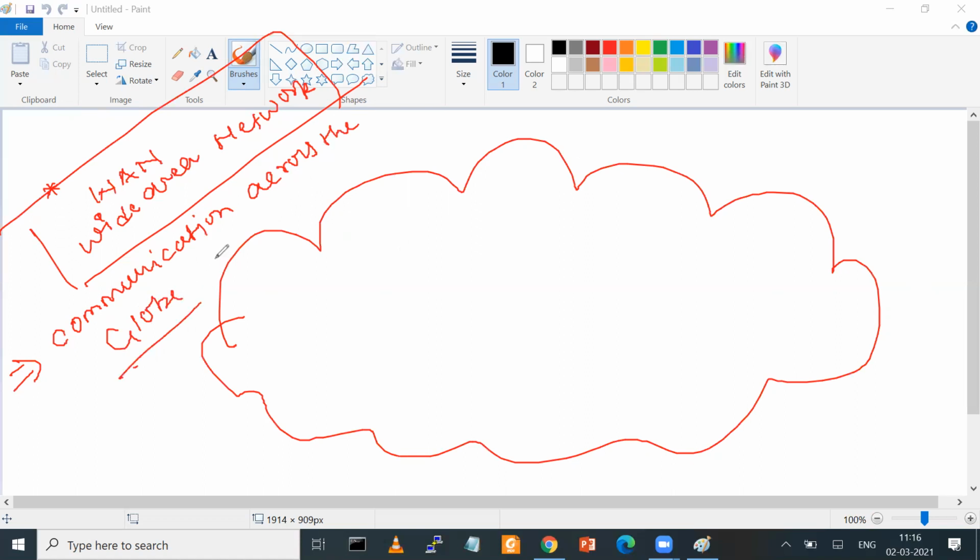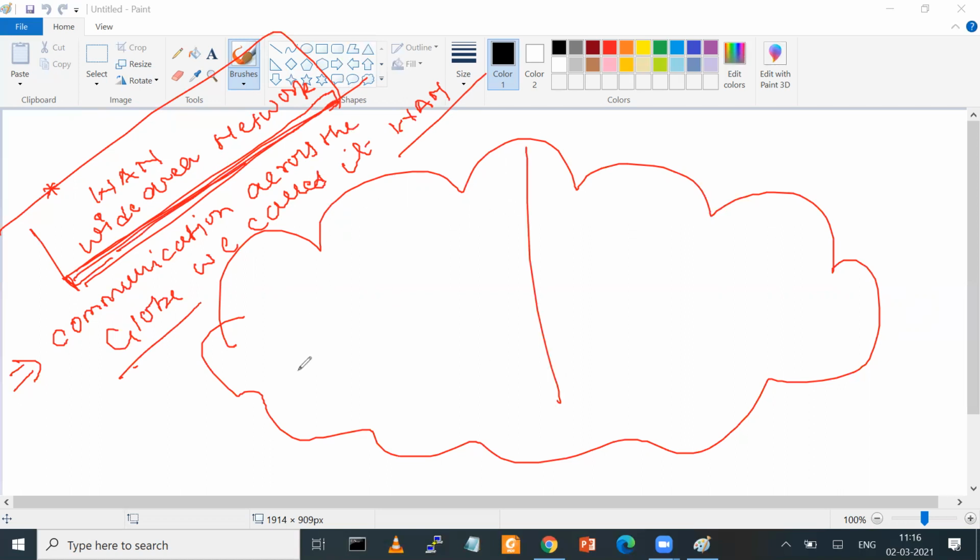Communication across the globe, we called it WAN, or wide area network. Let's say you have two computers, one here in India and another in New York, and you want to connect these two machines.